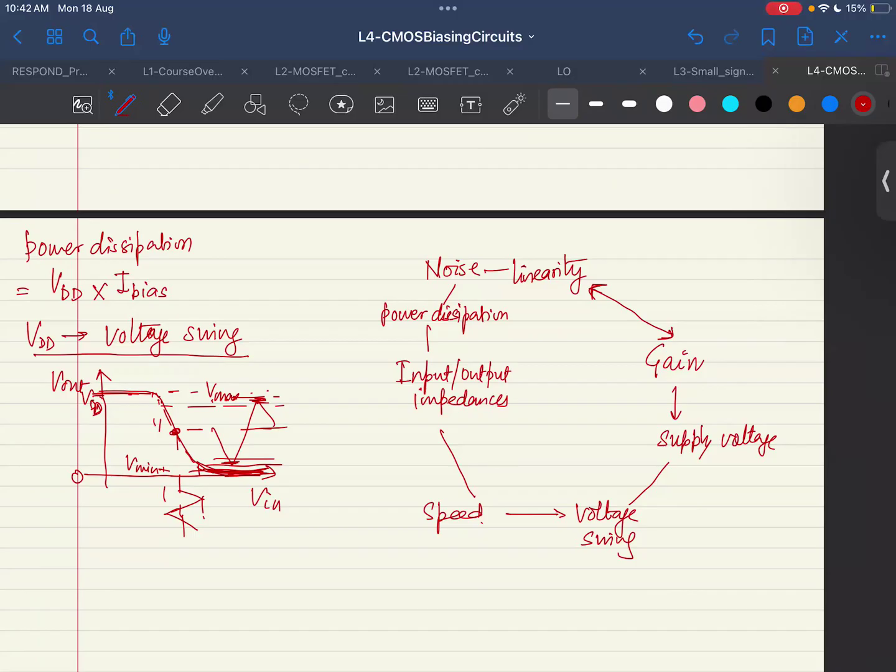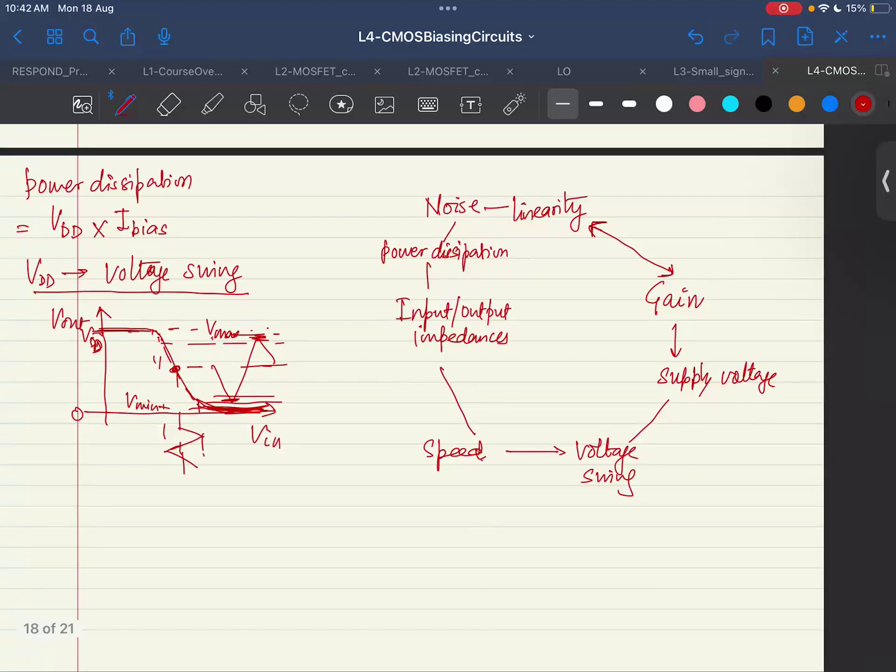Speed. Yes, speed is also important, and one case which we have already seen, probably you may relate the speed to the frequency, right?